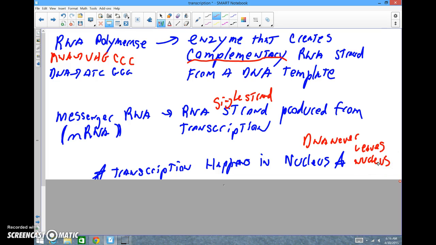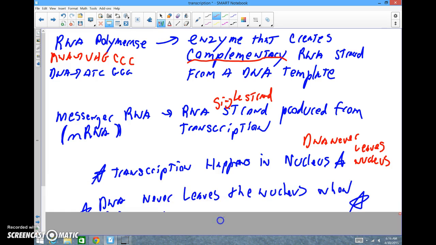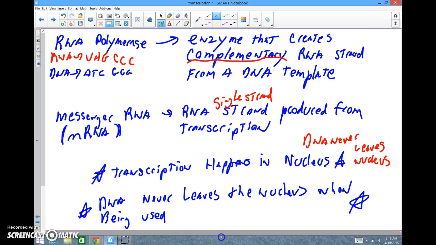And that's part of our whole process of keeping it stable and safe throughout the course of your existence. So what that means is that when transcription is going to occur, RNA polymerase goes into the nucleus, produces the messenger RNA, and then that messenger RNA will eventually leave the nucleus. DNA never leaves the nucleus when being used.